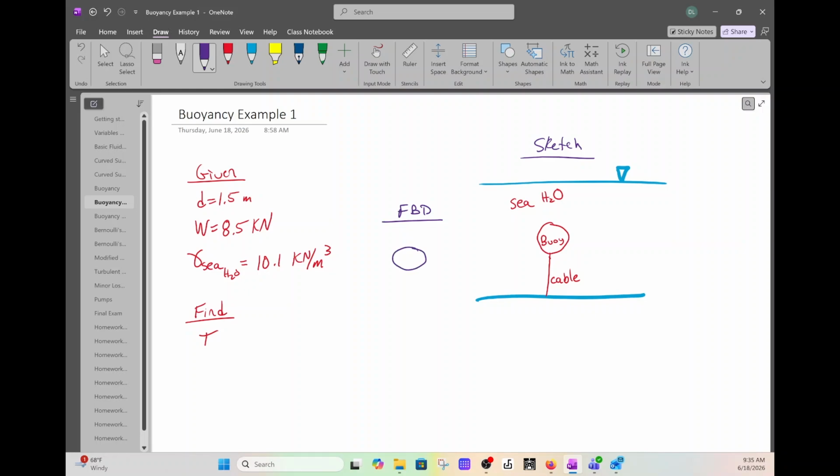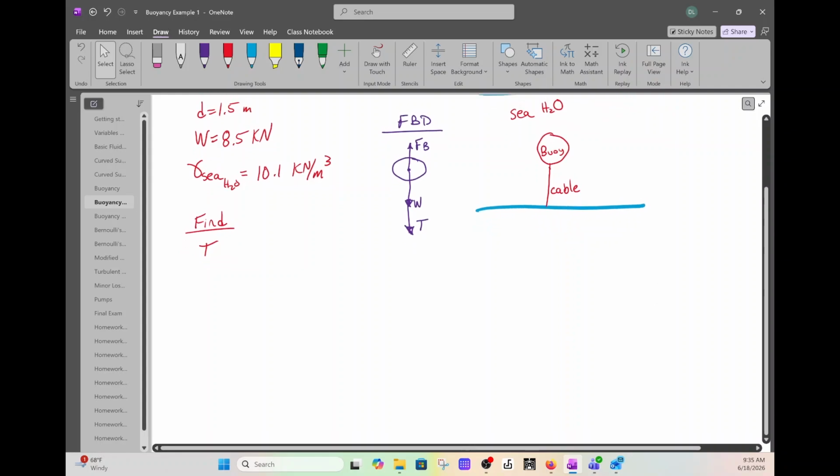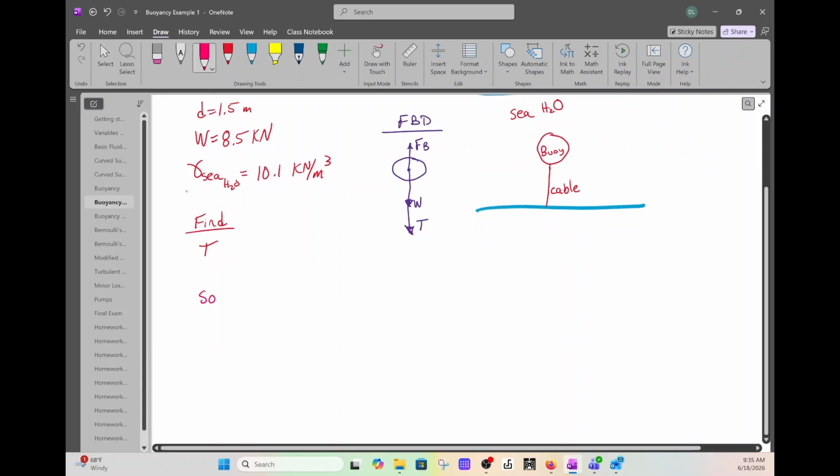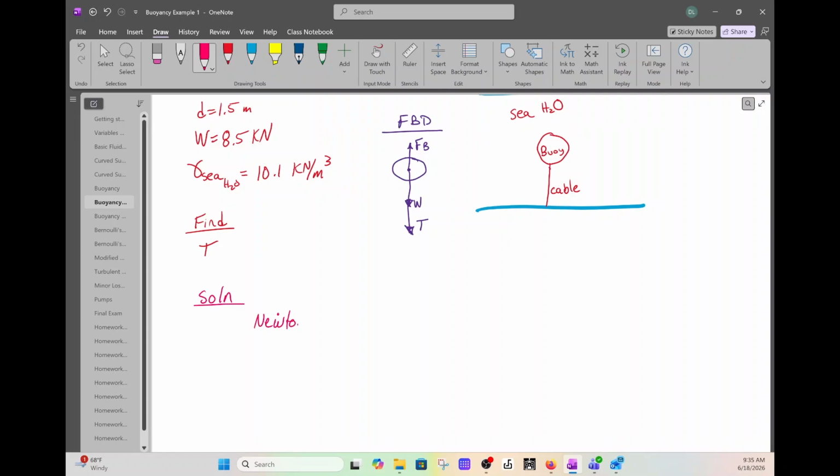So here is the buoy. We have the buoyancy force. We have weight. And then we also have the tension from the cable. Solution. Newton's second law.